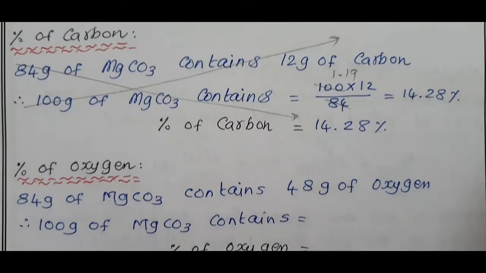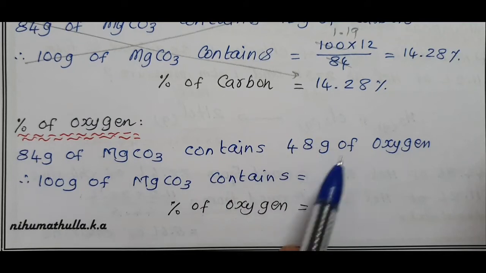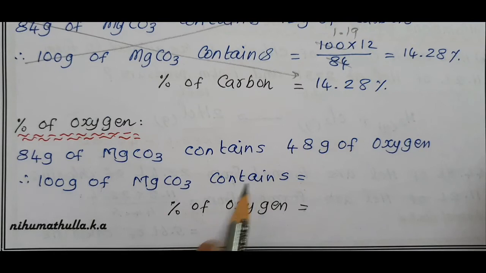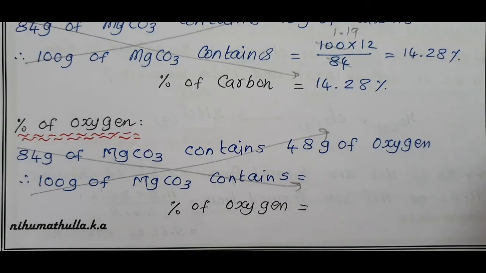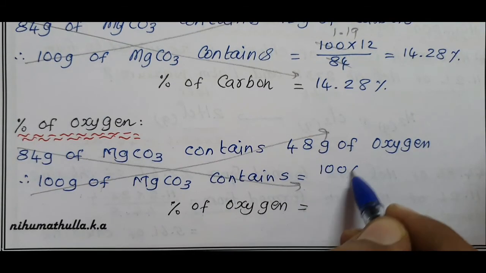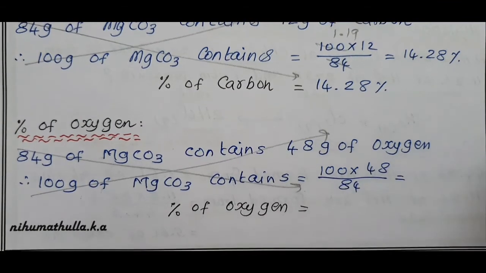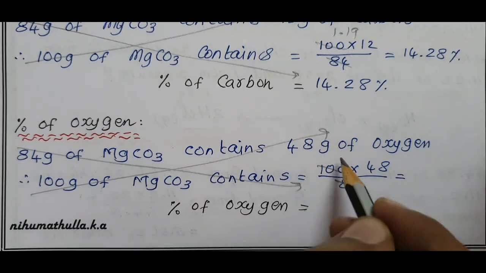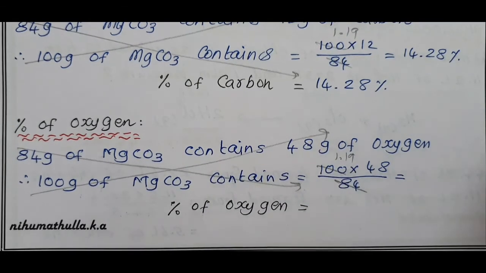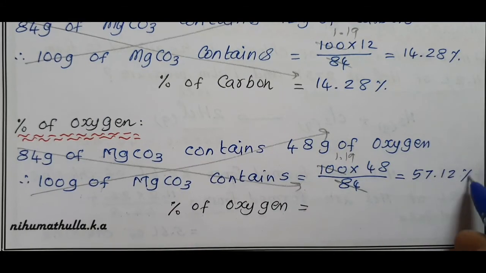Come to the percentage of oxygen. 84 gram of magnesium carbonate contain 48 gram of oxygen. 100 gram of magnesium carbonate containing, cross multiplication divided by 84. 100 into 48 divided by 84, that is equal to, when we cancel these two, 84 and 100, 1.19 multiplied with 48 will give the answer 57.12%.